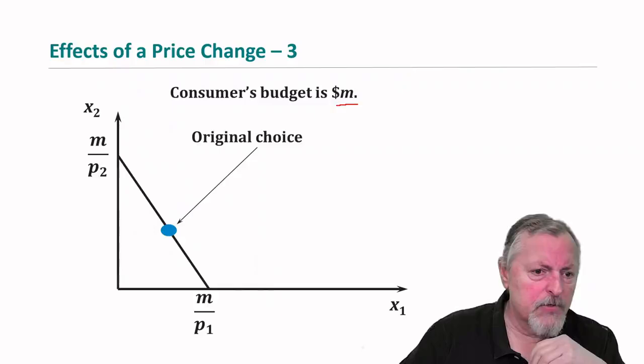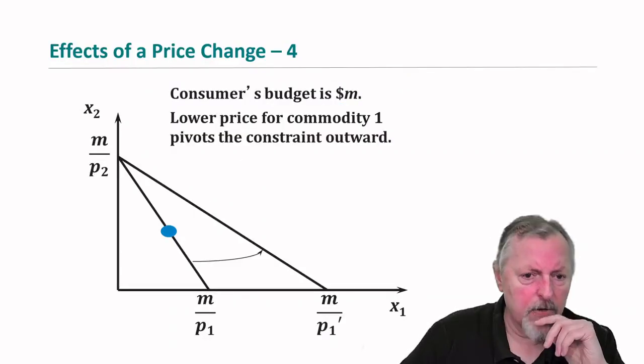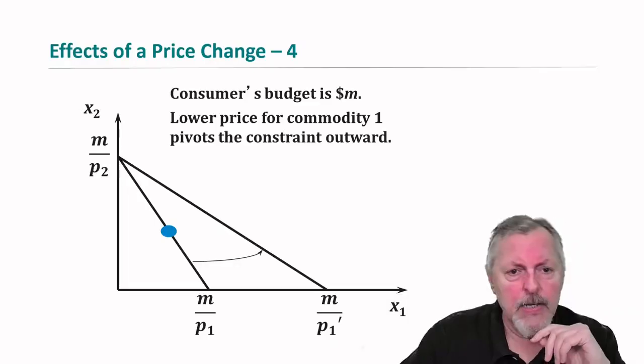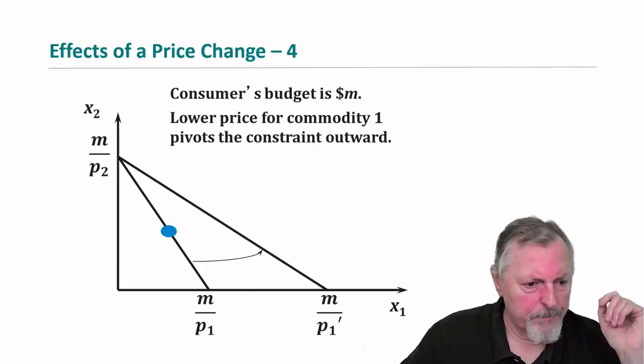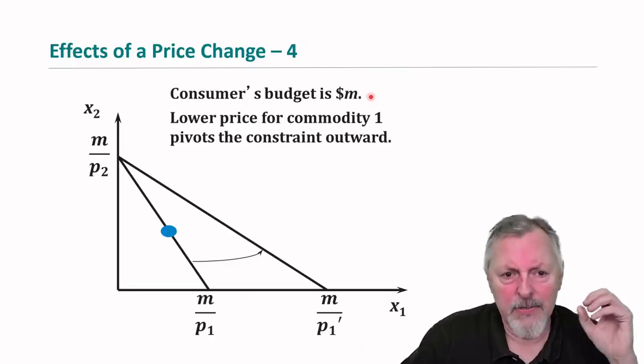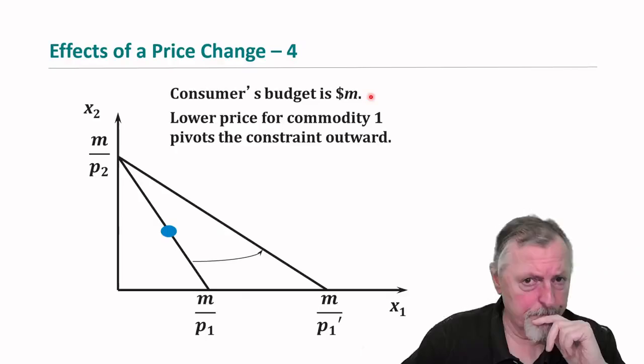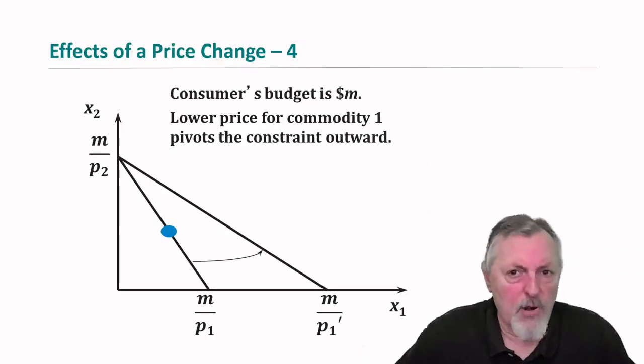But there's another way that can happen. Here we're going to assume that the person's income in number of dollars is fixed. That does not change. But what happens if there's a price change?